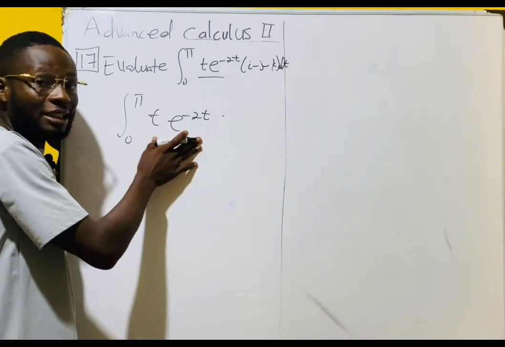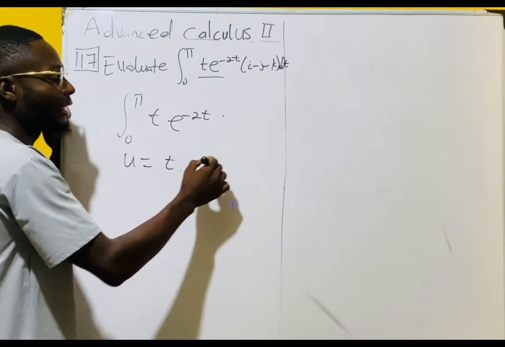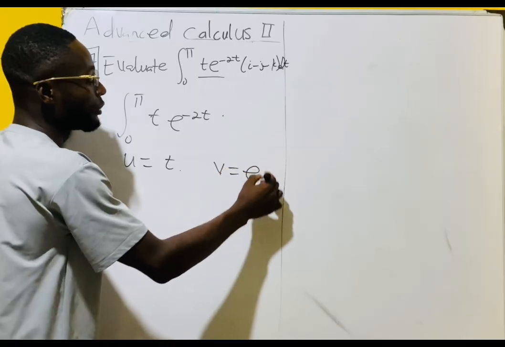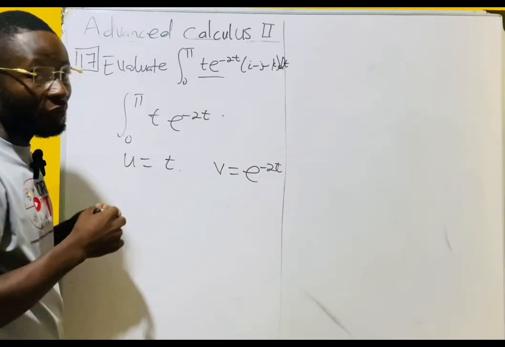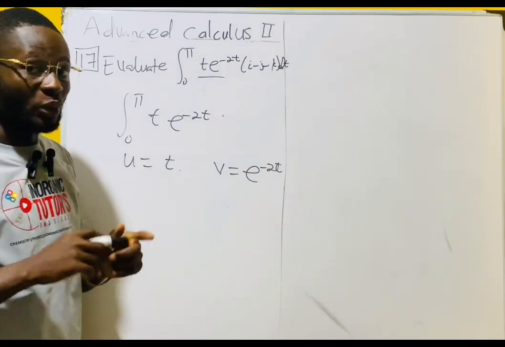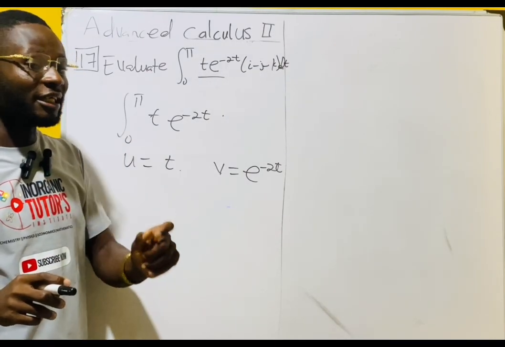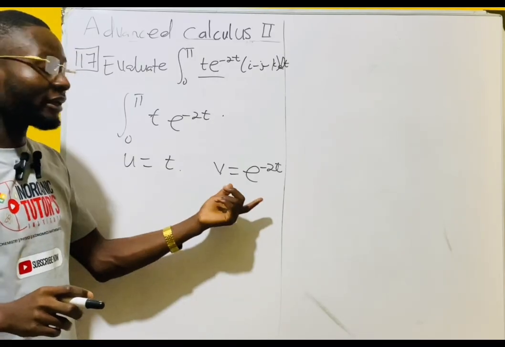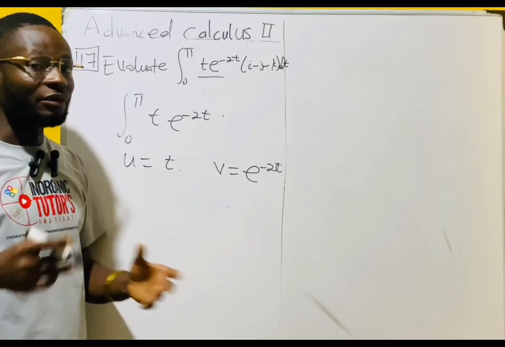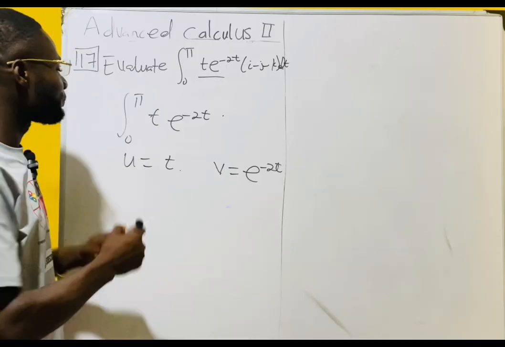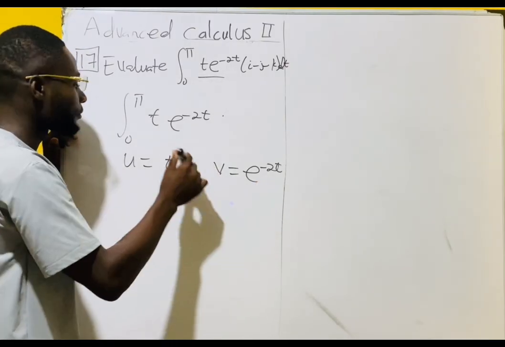If you want to use the tabular method, then our u will be equal to t, and our v will be equal to e to the negative 2t. Our u is the function that we are going to differentiate to a constant. Always choose u to be the function that you can differentiate to a constant, and v is the function that, whatever you do to it, it will never reduce. So we are going to differentiate u and integrate v.